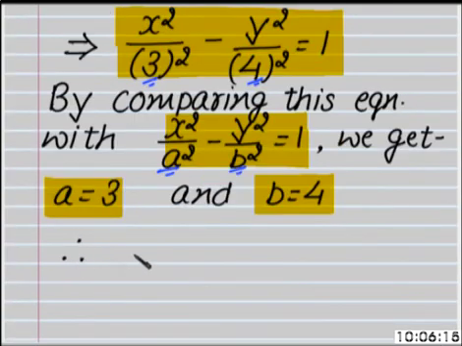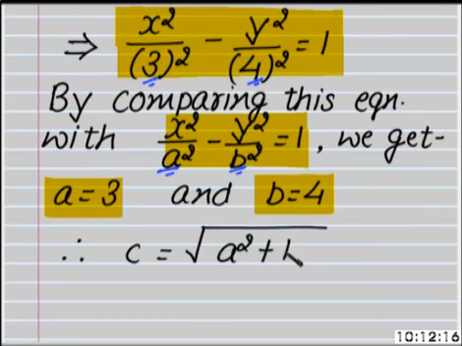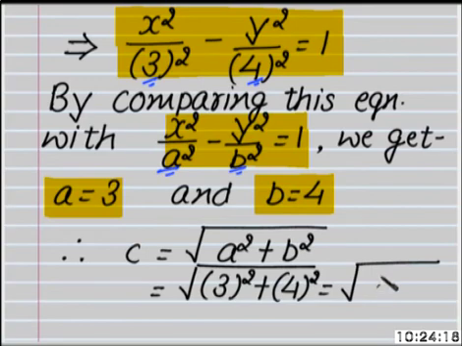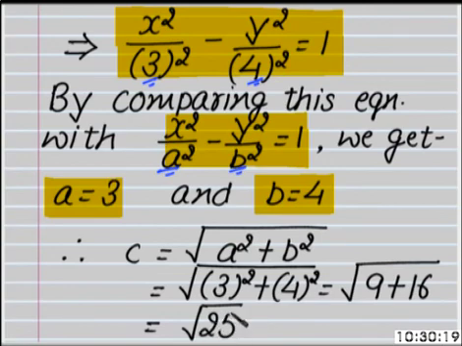Therefore, c is equal to the square root of a square plus b square, which is equal to the square root of 3 square plus 4 square, that is, the square root of 9 plus 16, equal to the square root of 25, equal to plus minus 5.